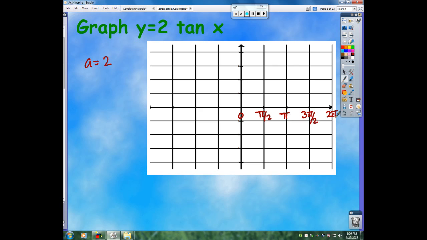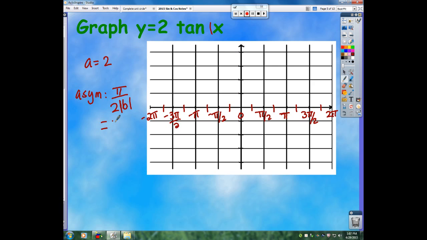Typically, we always start with the quadrant angles. All right, because the tangent graph, we need our asymptotes. We need our 45s. Remember, our asymptote is pi over 2 times the absolute value of b. b here is still 1.